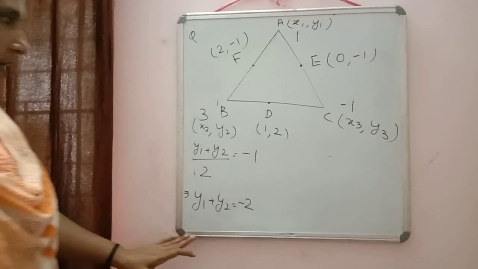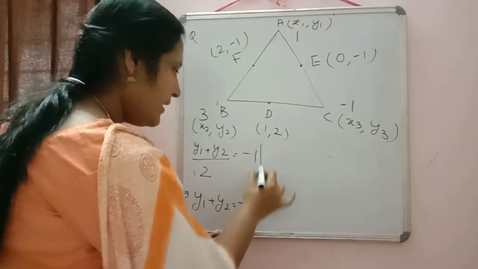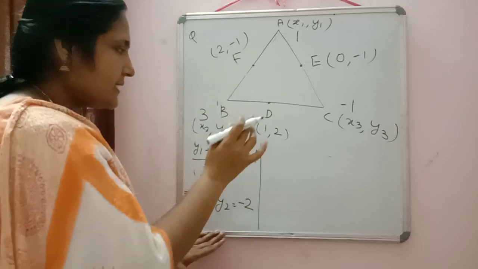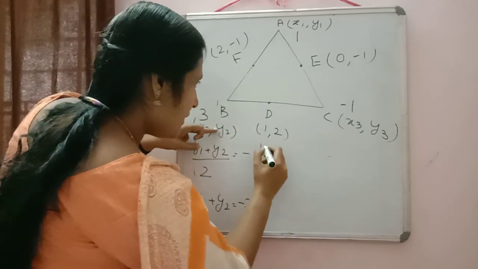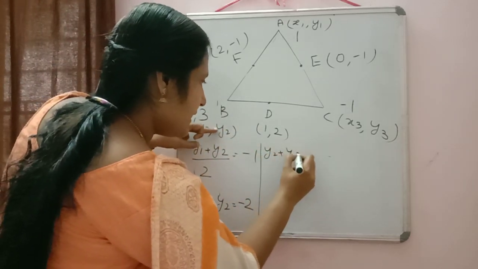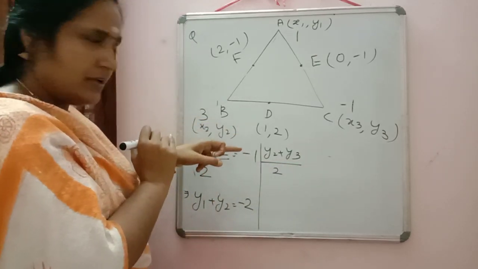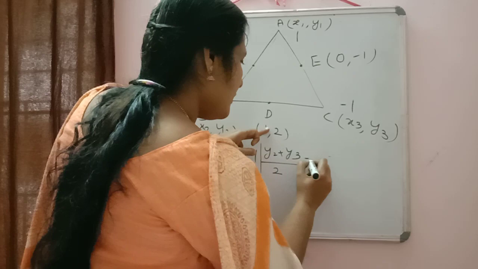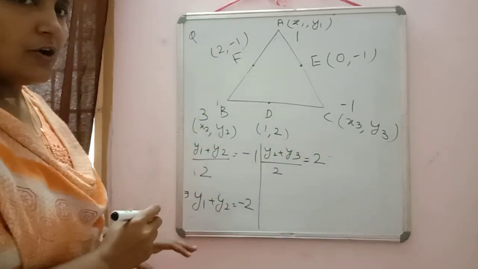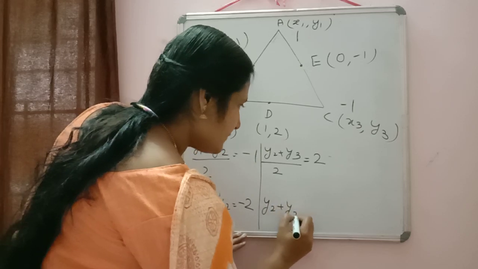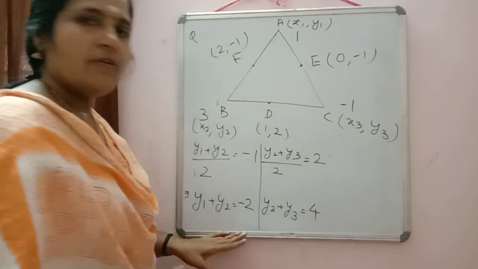Clear? Okay. Now in the same way, D is the midpoint of BC. Check the y coordinate only. y2 plus y3 by 2 should be the y coordinate of D according to the formula. And the y coordinate of D is given as 2. So from here we will get y2 plus y3 is equal to 4.